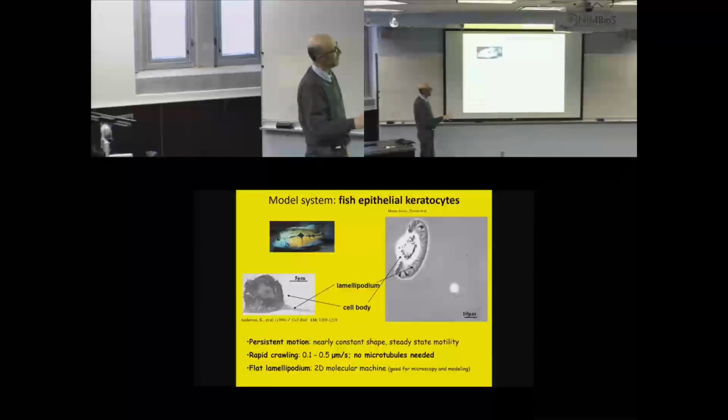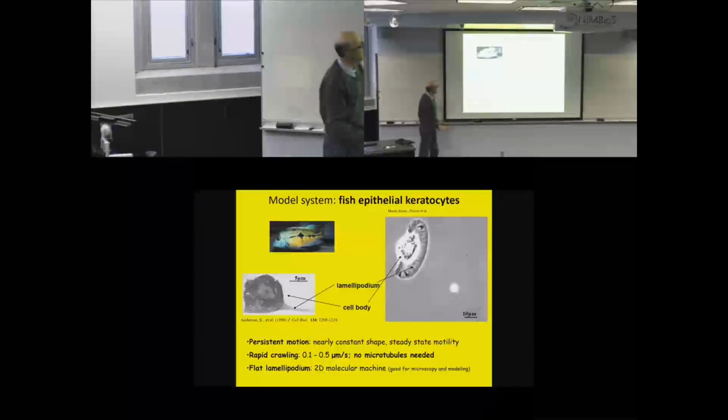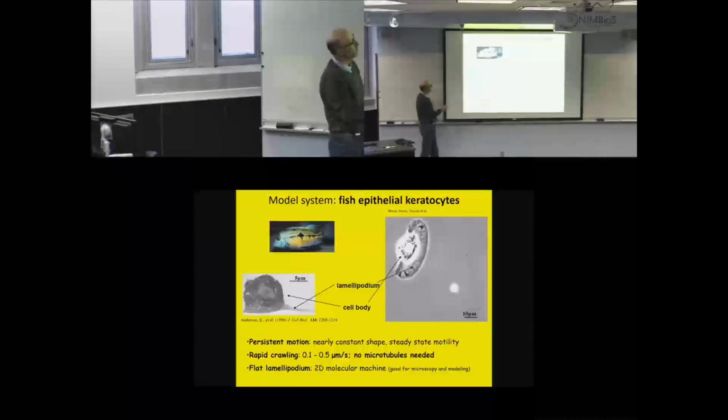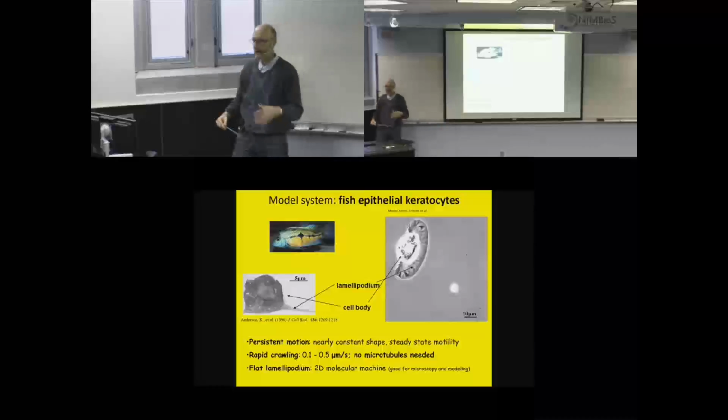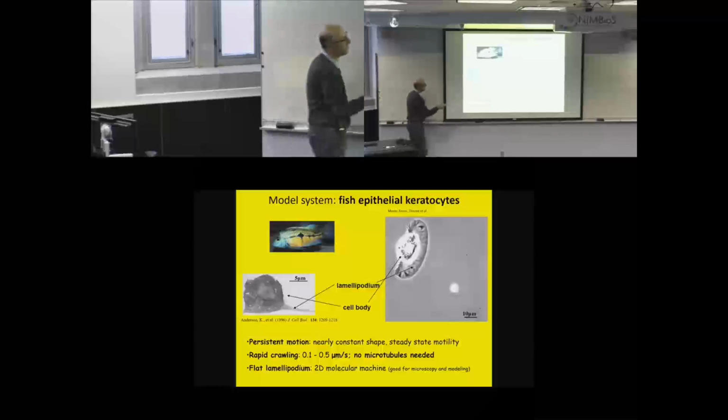The main thing to understand about this motile system is the following. If you compare the view of the motile cell from above and from the side, what you see here at the rear is this huge three-dimensional blob which pretty much contains all the cell organelles. There's nucleus, there's ER, Golgi, everything is here.